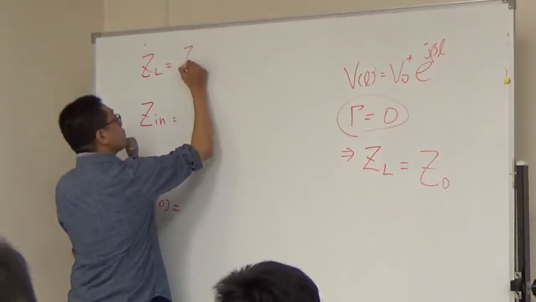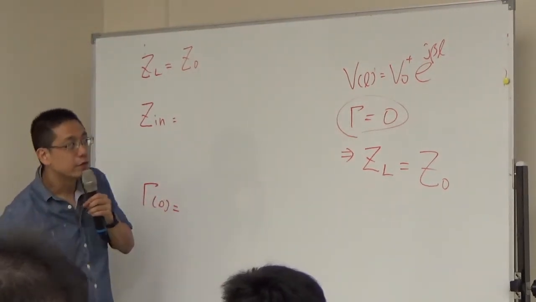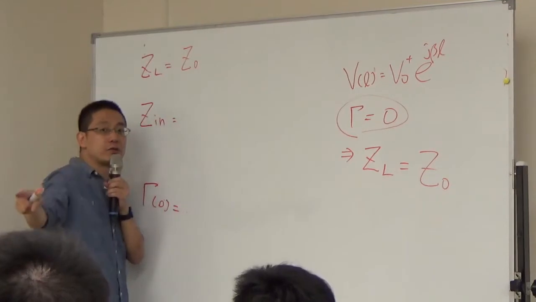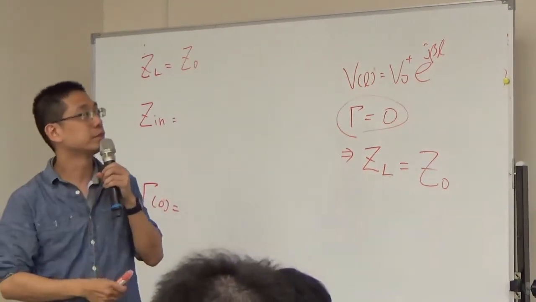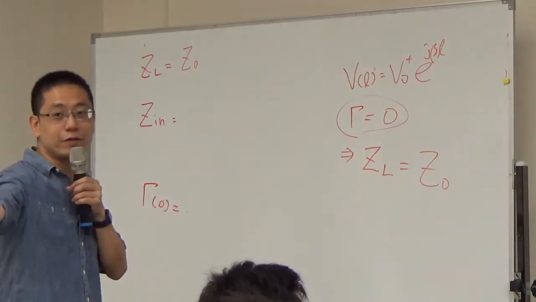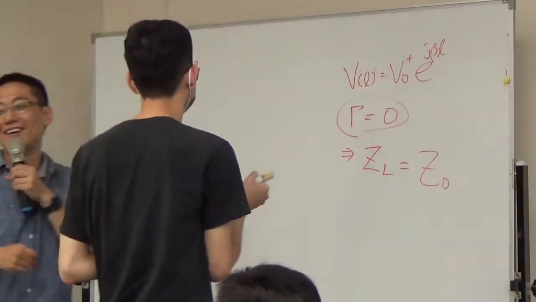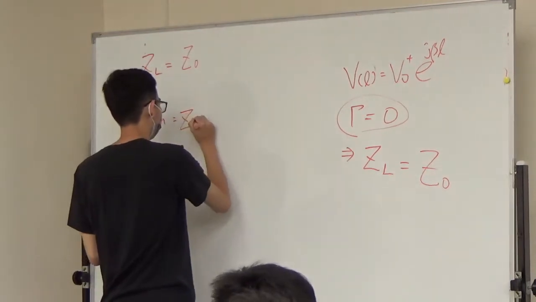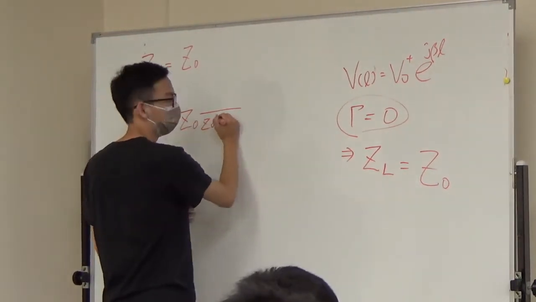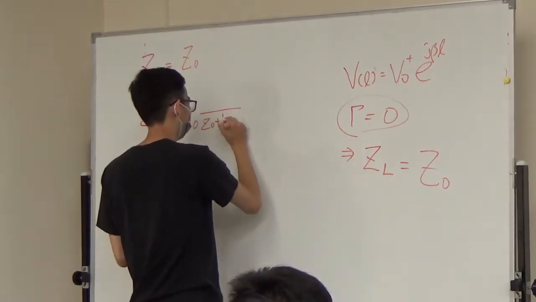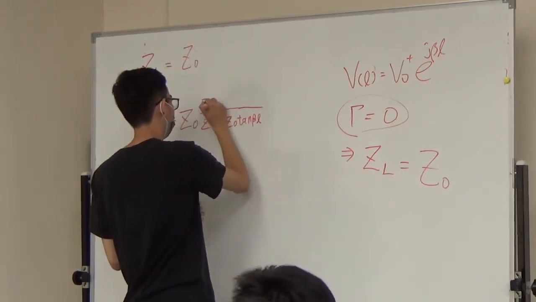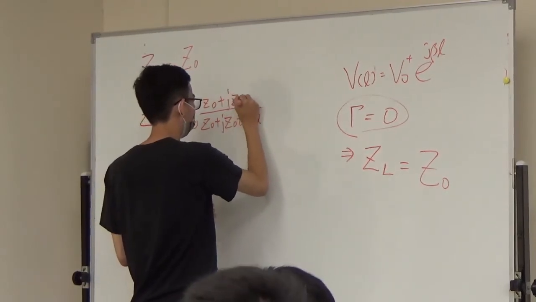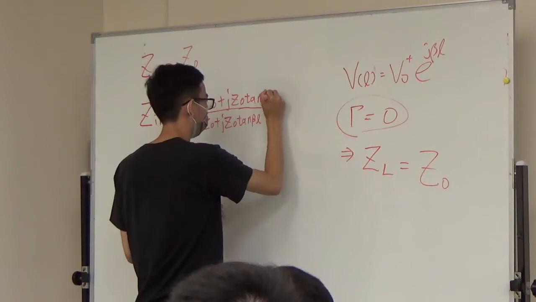So your ZL is Z0. Then for this case, your Zin, I think you want more points, just put the same equation and then change all the ZL to Z0.